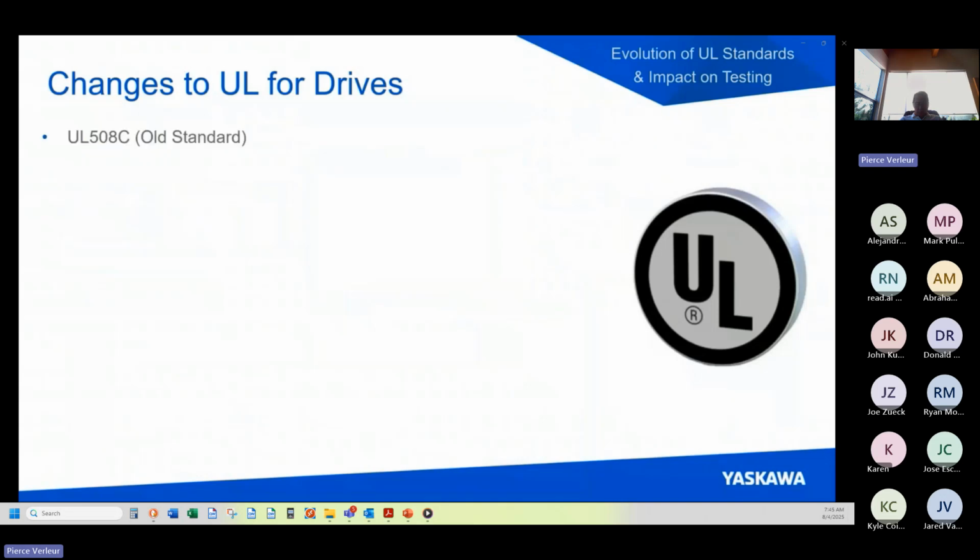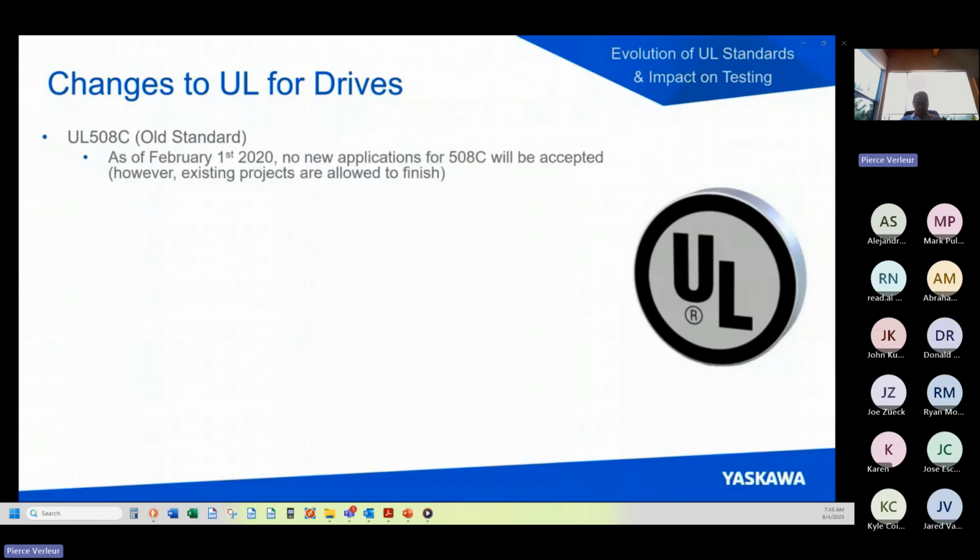First of all, UL 508C has been around for a long time, as long as I've been in this business. But as of February 1st of this year, UL is no longer accepting any new applications for UL 508C. However, they are allowing existing projects to finish. So you will see a few manufacturers, including Yaskawa, that continue to release new product under UL 508C.